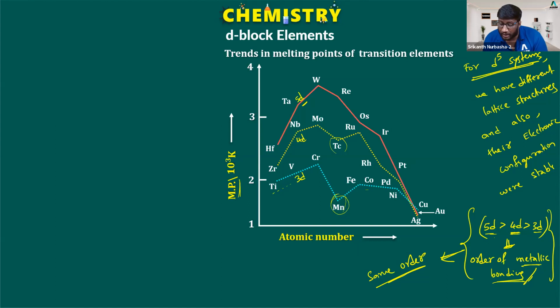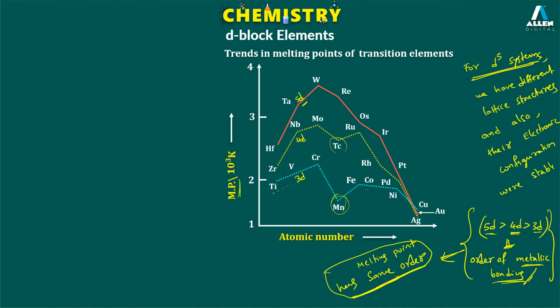That means you have a stronger electrostatic force of attraction, which means stronger metallic bonding. So the metallic bonding order will be equivalent to the melting point order. Melting point has the same order, right? Is everything clear so far with the graphs? Yes, sir. Very good.